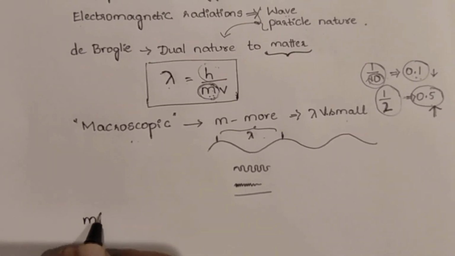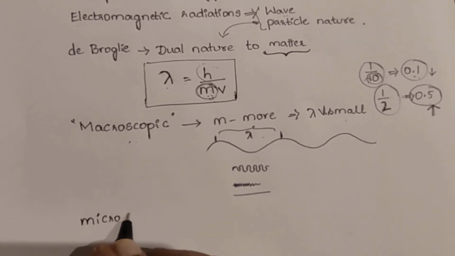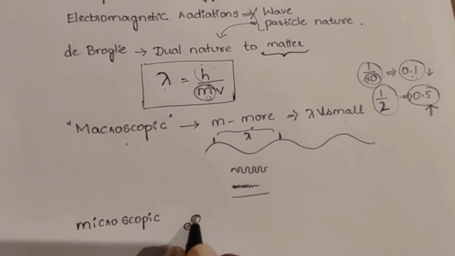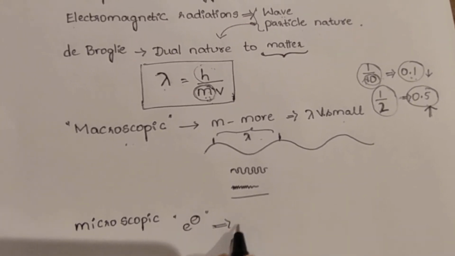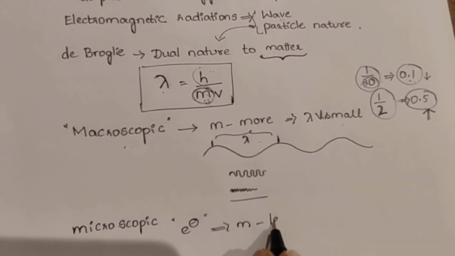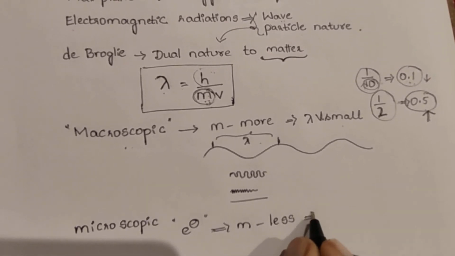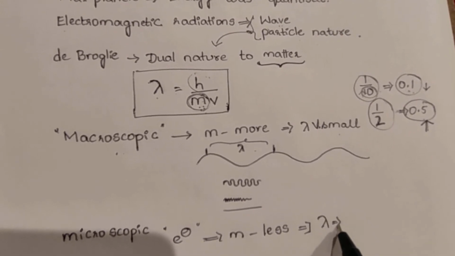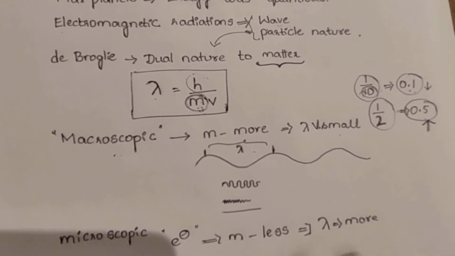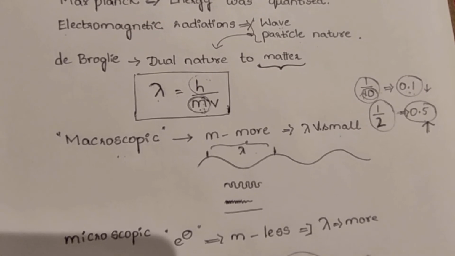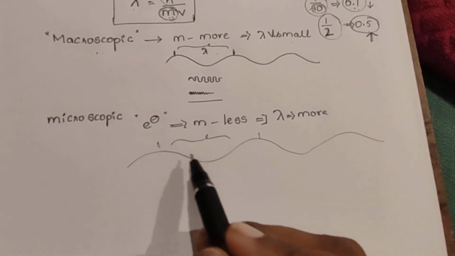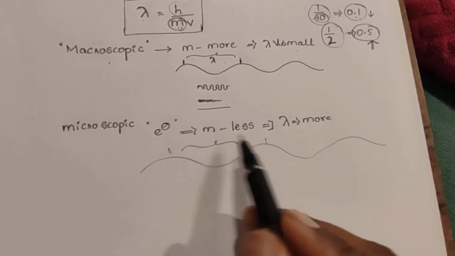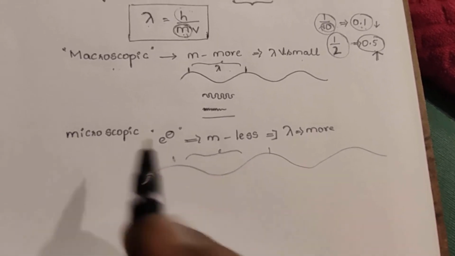Whereas for microscopic particles such as electrons, the mass will be less. So automatically the resultant wavelength will be more. When the wavelength is more, we can observe the wave-like properties of the electron.